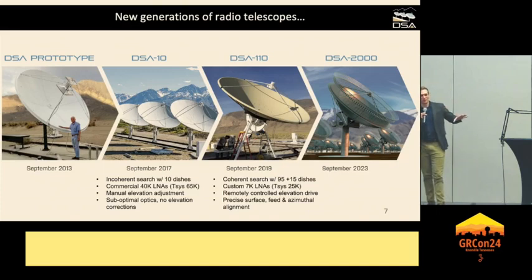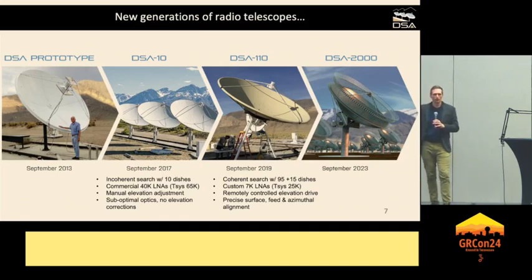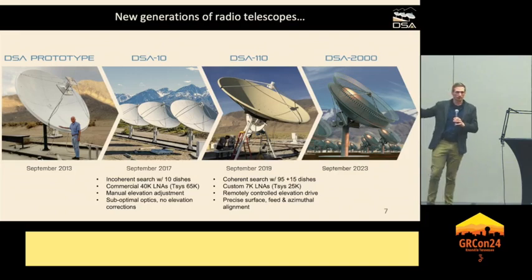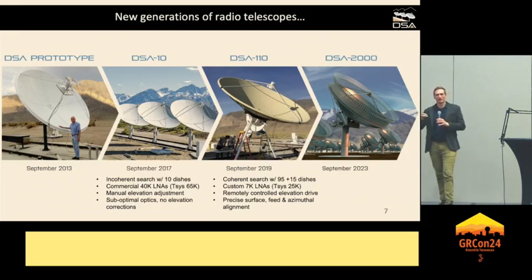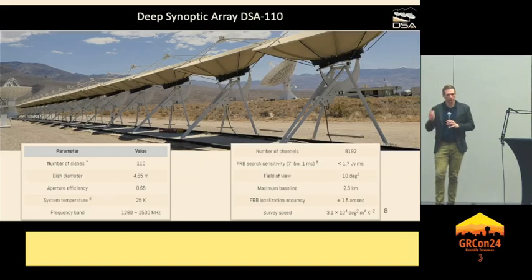If you don't know what fast radio bursts are, I'm sorry, but I will not talk about that, but it's a very important subject in astronomy. We don't really understand those effects. They're just very bright pulses that are detectable. We just don't know where they come from. So detecting is one thing. Localizing them is something that's even more important. And then DSA-2000, which we're going to talk about a little longer later.